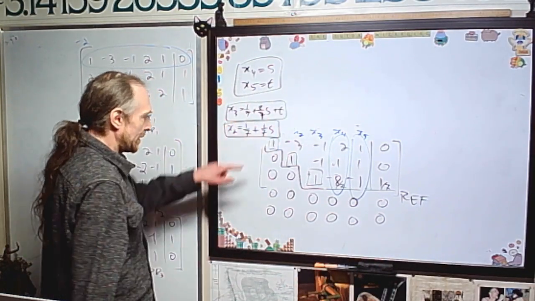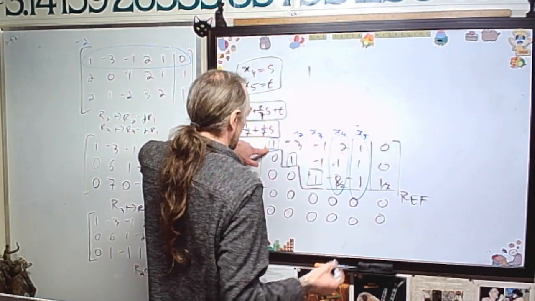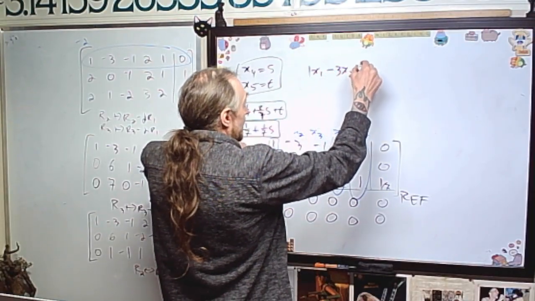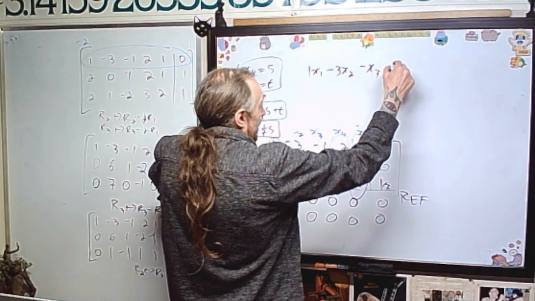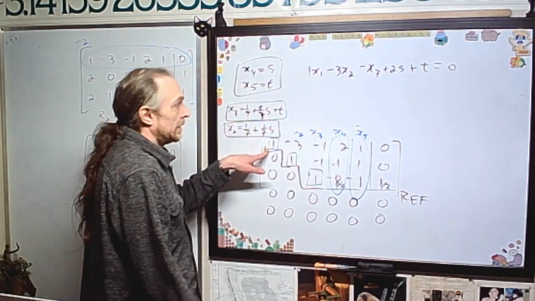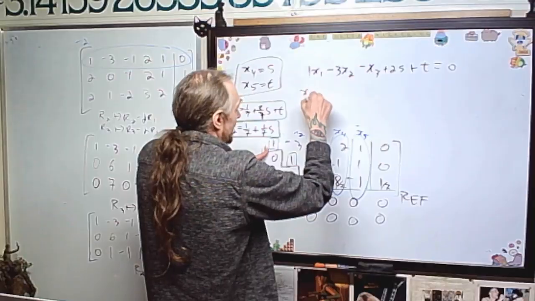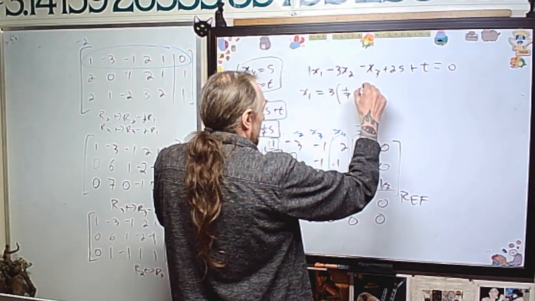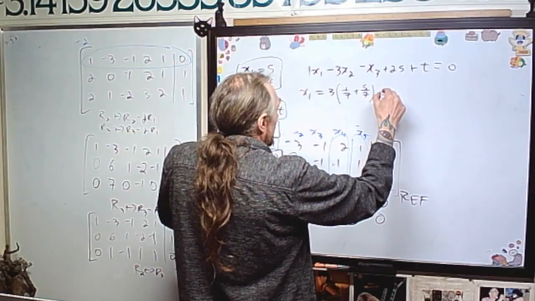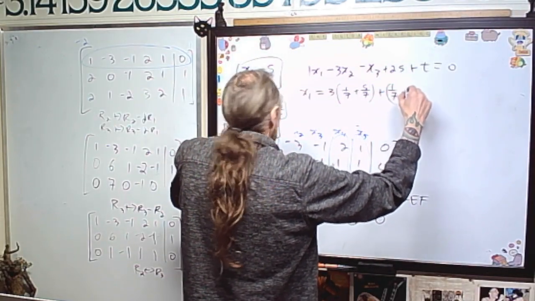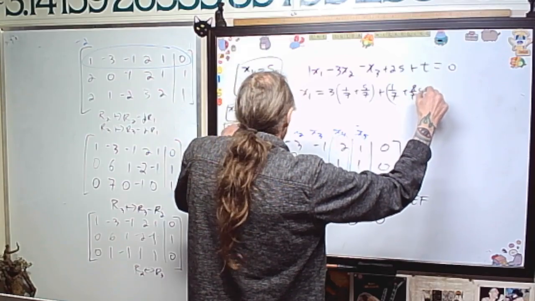So now all we need is x1. This is probably where they hated everybody. 1 times x1 minus 3x2 minus x3 plus 2s plus t equals 0. Now I have to bring them to the other side. x1 is equal to 3 times x2, which is 1 over 7 plus s over 7, plus x3, so plus 1 over 7 plus 8 over 7 s plus t, minus 2s minus t.